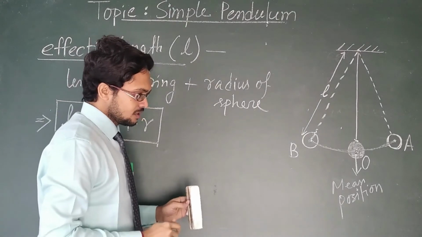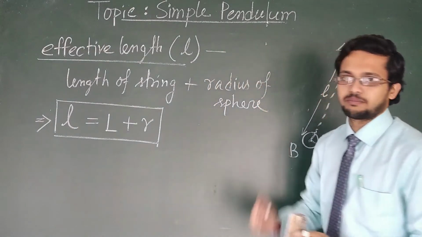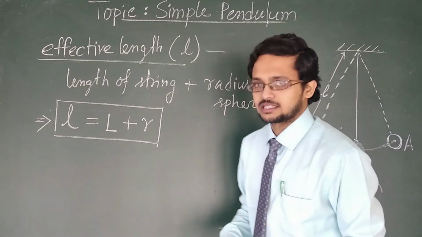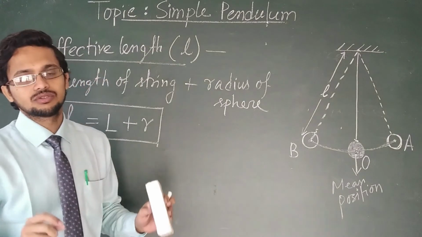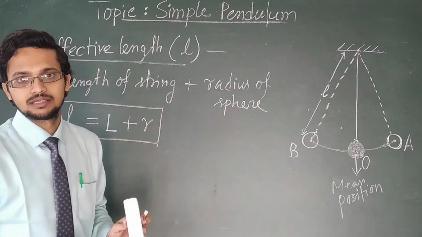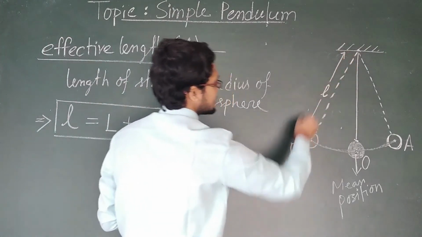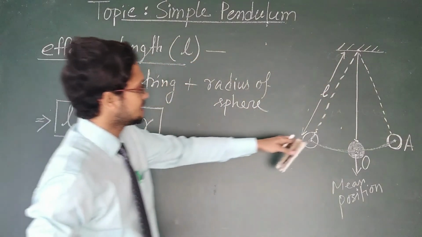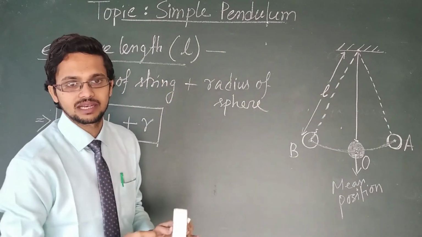Now, suppose you are doing an experiment of this simple pendulum. In this experiment there are two variables. Variable means those things you can measure easily. What are those two variables? The length of the string, or you can say the effective length, because if the length of the string changes, the effective length will change. So effective length is one variable.